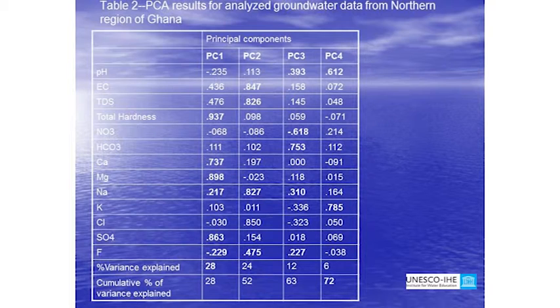Based on the loadings of those parameters on principal component 1, you can interpret it in terms of water-rock interactions or geochemical processes happening in the aquifer system. I've tried in 2 small slides to split the table into 2 to help with the explanation.